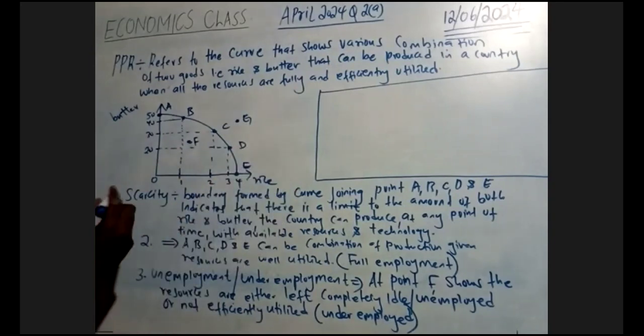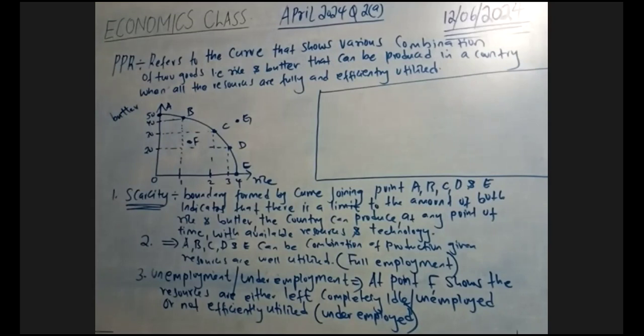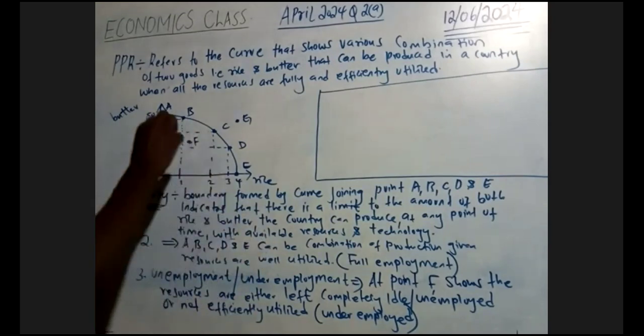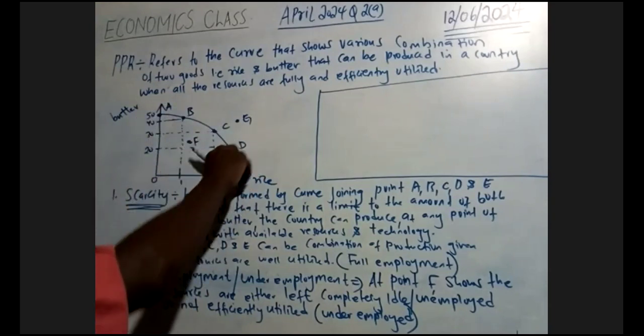So number one, we explain in terms of scarcity. Scarcity means the resources are limited, and this boundary shows that our resources are limited up to that point. We cannot exceed beyond the boundary.